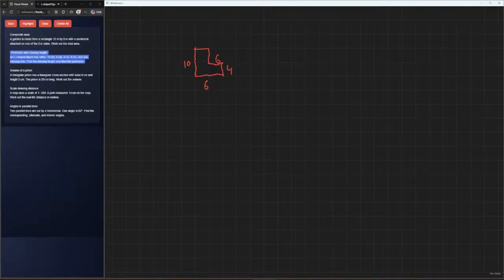So if this is 10, this is 6, this is 4. That makes no sense, because for example this 10 is the bigger one, so is it this one then? And then if this is 6, then it is easy to say, okay, this is 3 centimeter.